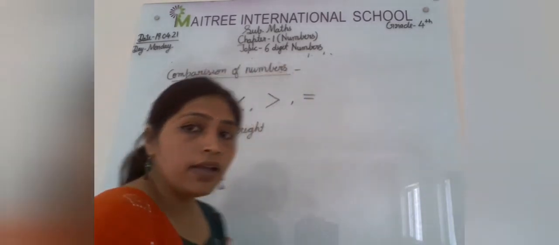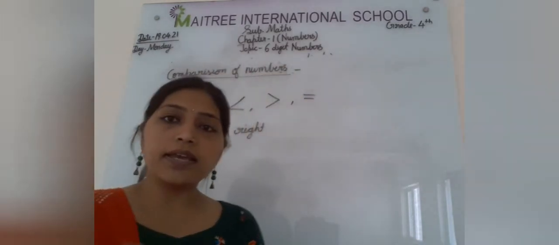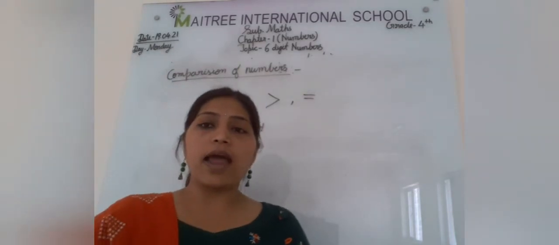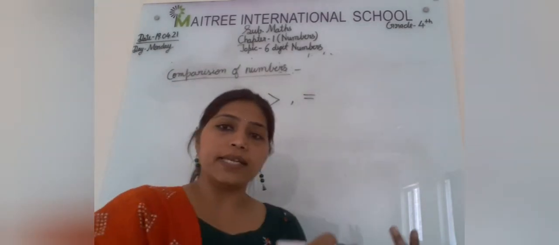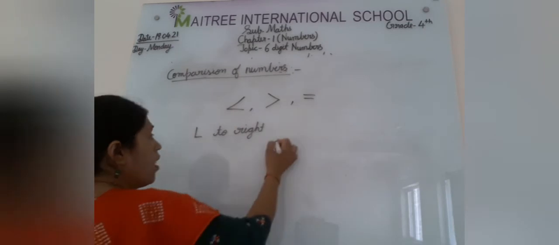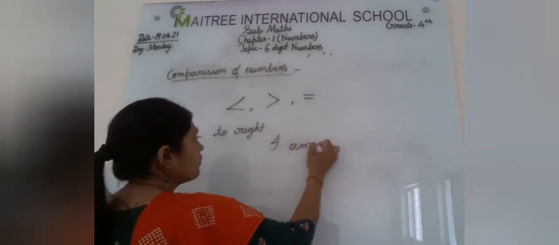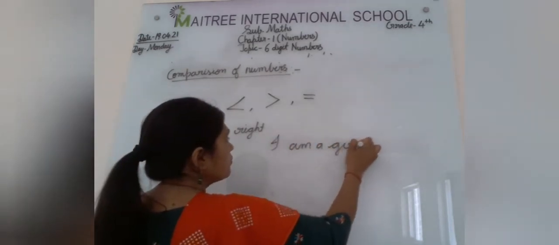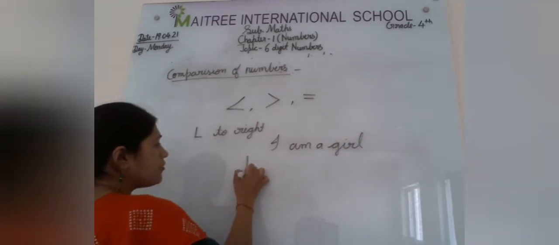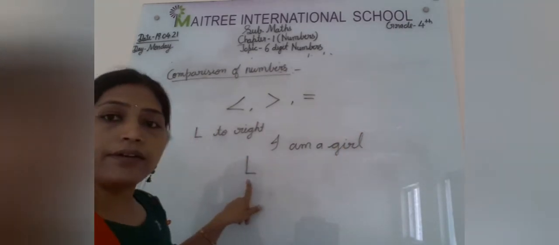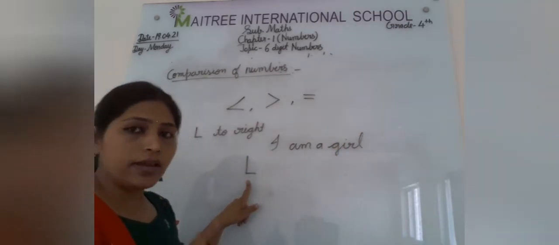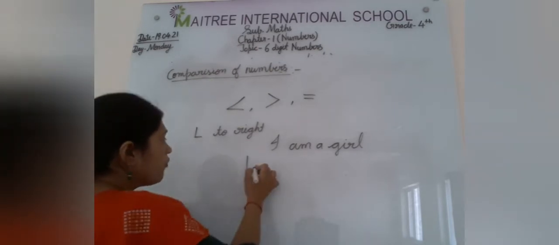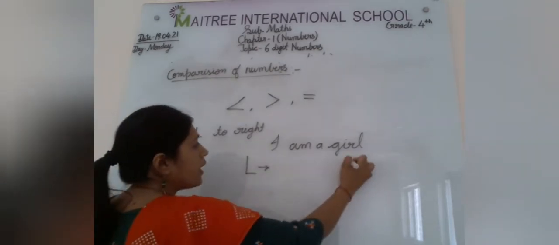We always read and write Hindi and English, both languages, from left to right. If I am writing a sentence here, I am a girl, this is the left side.